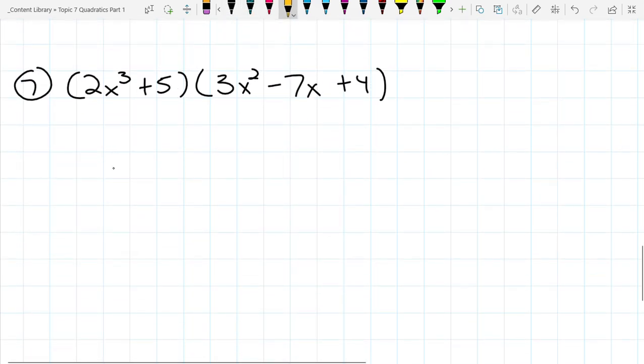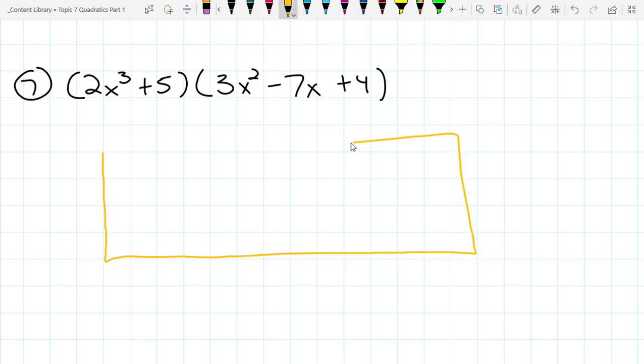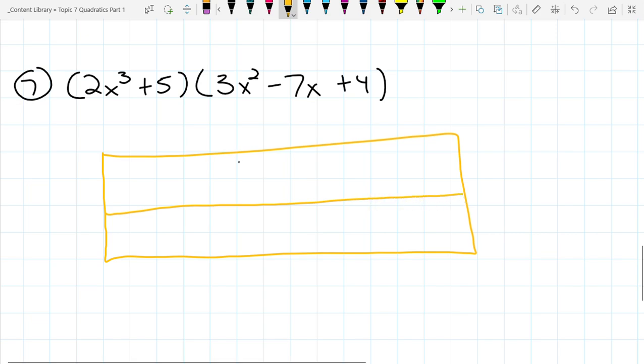Now we need to make the box a little bit bigger this time because we have more numbers. So I'm going to split mine into 2 rows and 3 columns. However, you could do 3 rows and 2 columns. It's really your choice. It's not going to affect your answer.